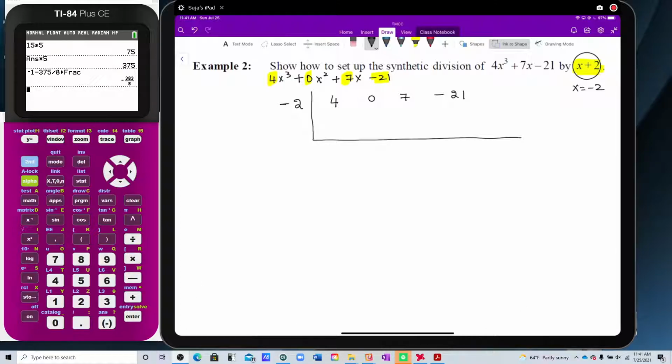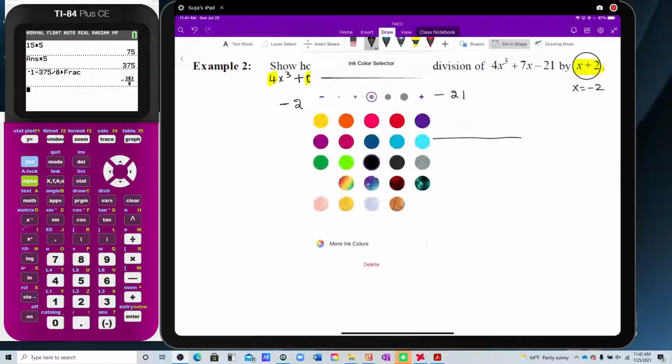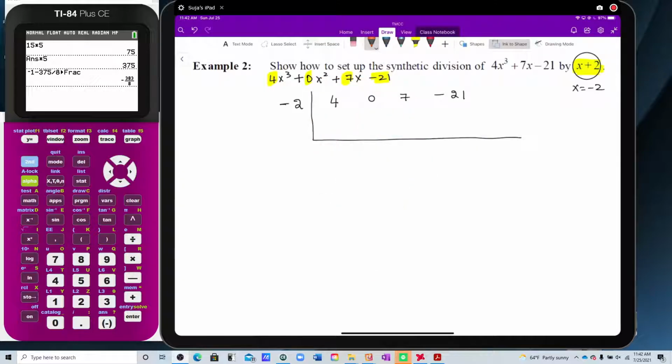But I'm going to go one step further and finish this problem so that you know how to do synthetic division. The first step is just to bring this 4 down and write it down. Don't do anything else.